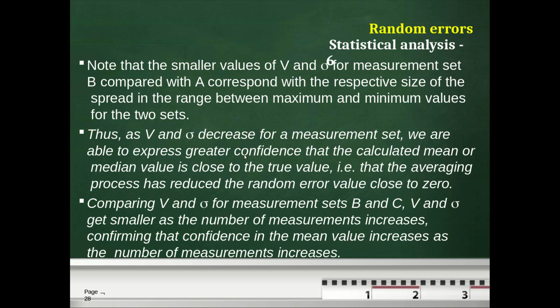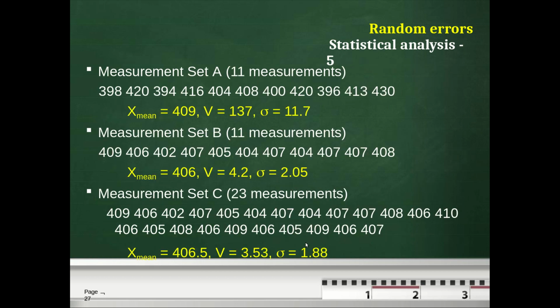When they decrease, that means the averaging process has reduced the random error close to zero, and we have confidence that the mean value is the exact value of the measurement. Okay, you understand. Here it's 11, here it is 2, here it is 1.8.